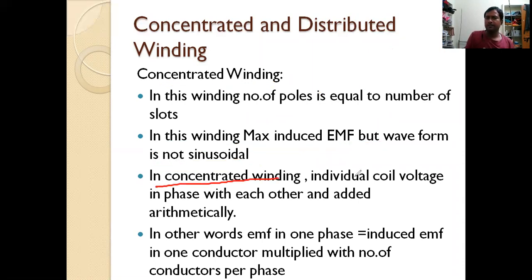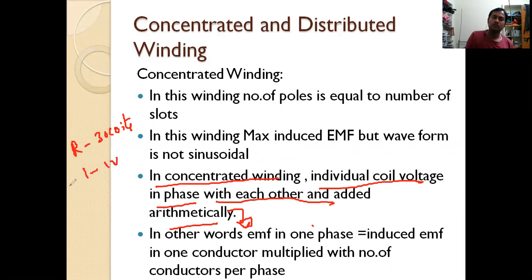And in the concentrated winding, the individual coil voltages are in phase with each other and added arithmetically, which can be explained with the last point. For example, the R phase has 30 coils, and one coil produces 1 volt. 30 coils will produce 30 into 1, that is 30 volts.